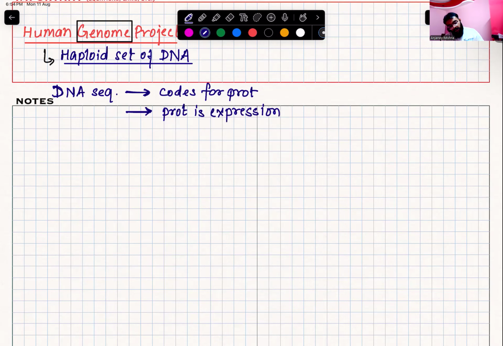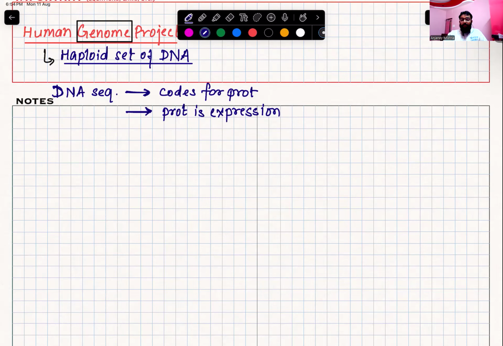So whatever form of expression you see, it is because of the DNA sequence. If I look at me, and at another human being, what I notice is that people are very different. So this basically pushed the human brain into thinking, what is it that separates us out? What if we figure out the complete thing? What is it that makes our complete sequence? We need to figure that out.